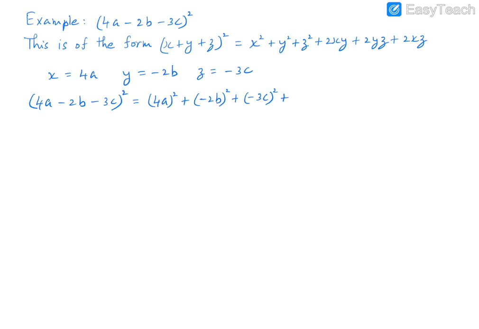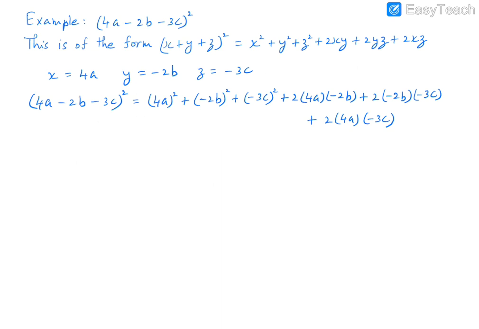And then we have plus 2 into x into y, so plus 2, x is 4a and y is minus 2b, plus 2 into y into z, so 2 into y is minus 2b, and z is minus 3c. And then we have the last term, plus 2 into x into z. x is 4a and z is minus 3c.